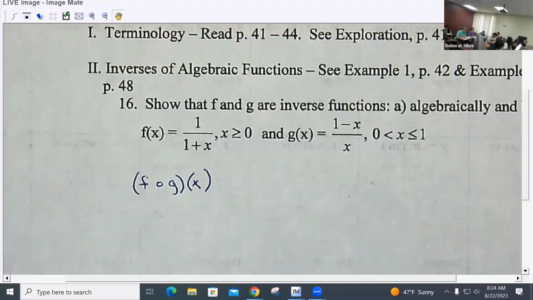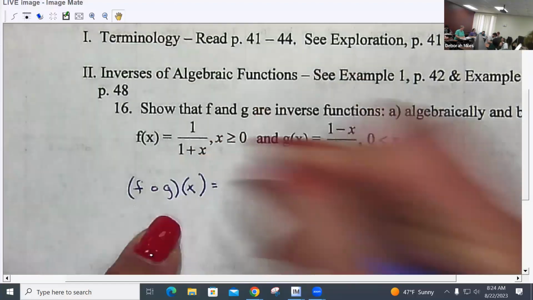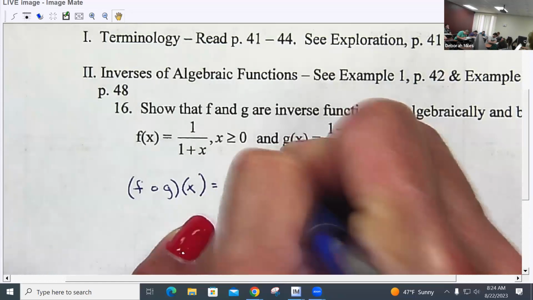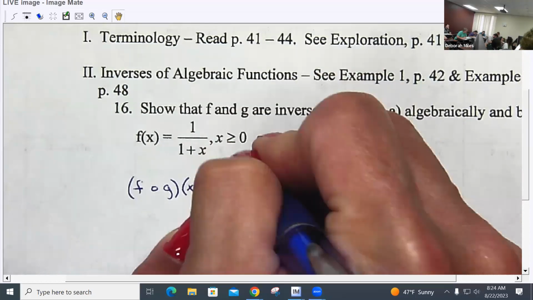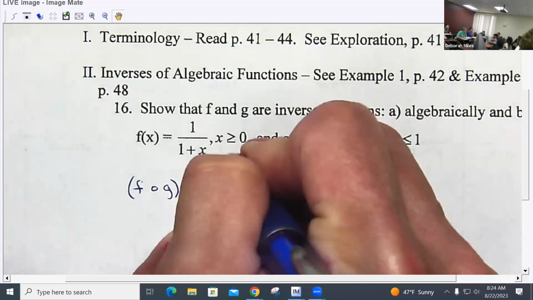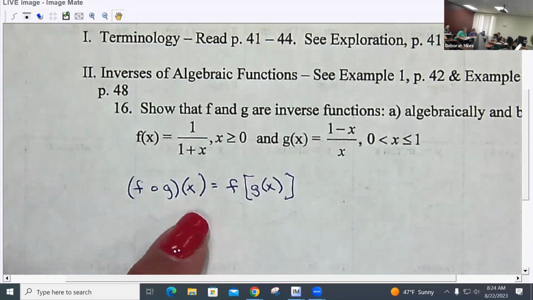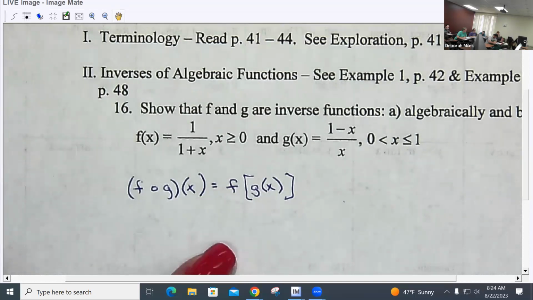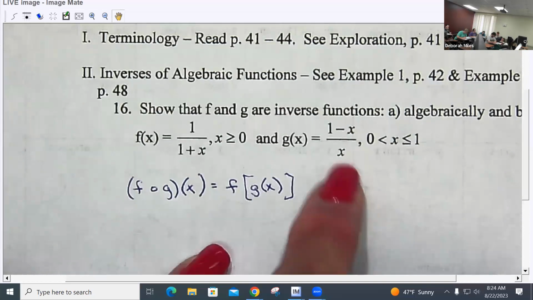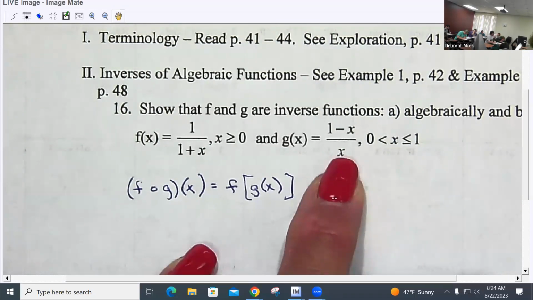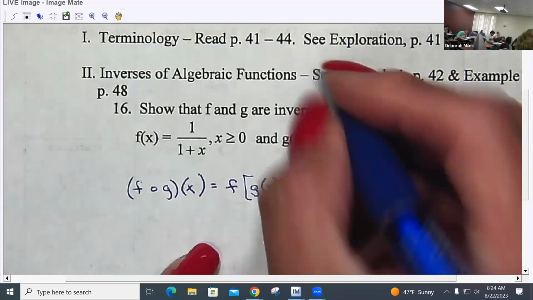All right. F of g of x means take g of x and put it into f. Well, what is g of x? It's this guy. So that's what I need to put in place of all the x's in the function f.